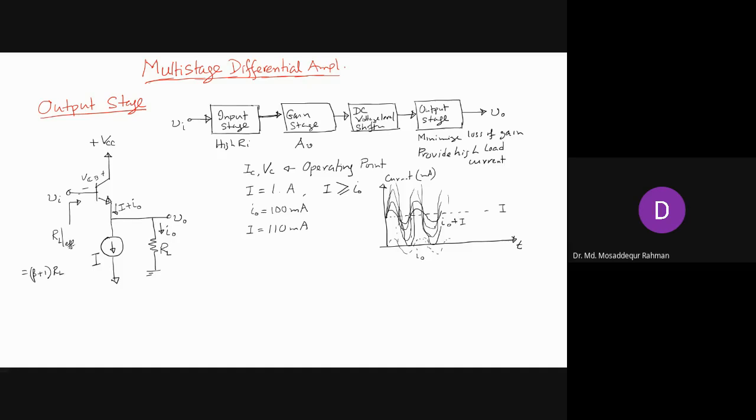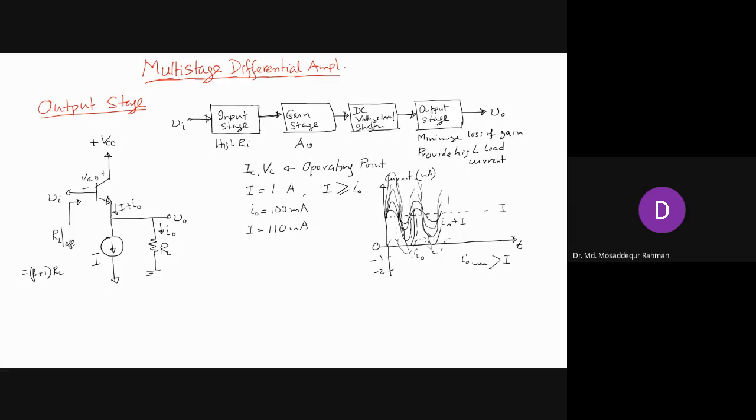Now, what happens if, let's say, the maximum value of I naught, the maximum value of load current, is greater than I? So you have the current flowing like this. It will go below this. Here you have the zero value, and here we have the negative, right? So let's say -1, -2, something. So the current will go negative, and the total current here goes negative.